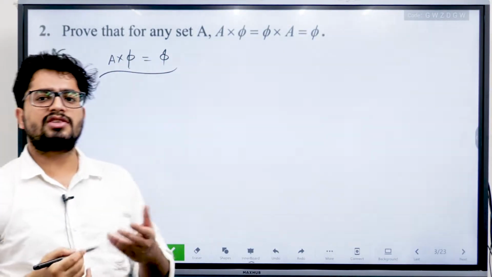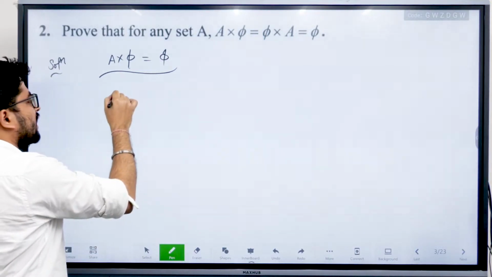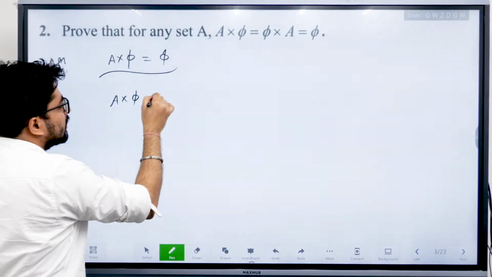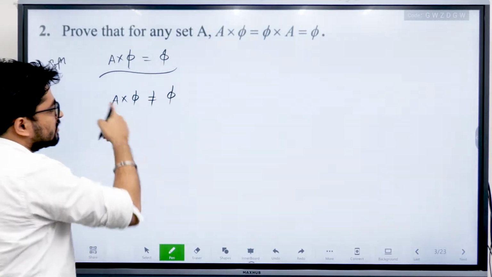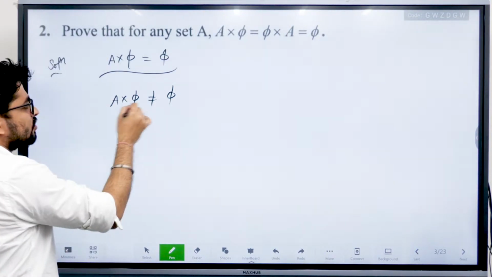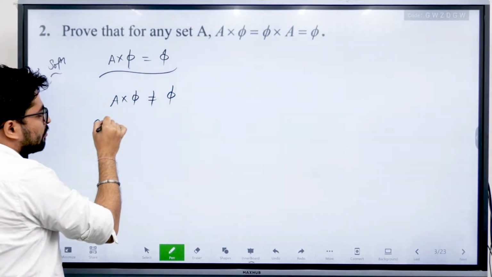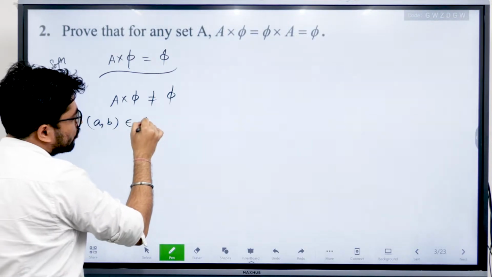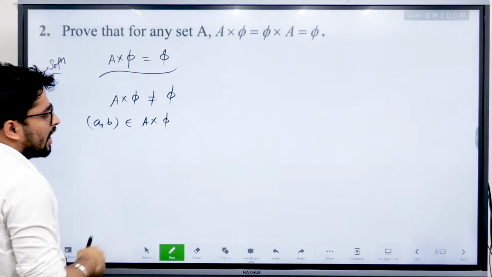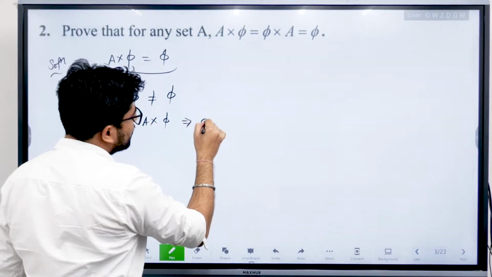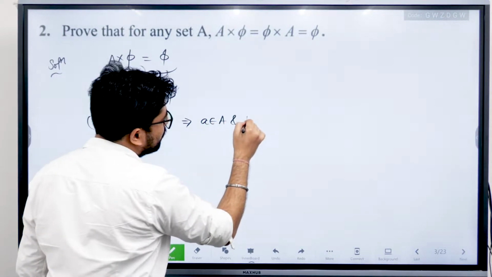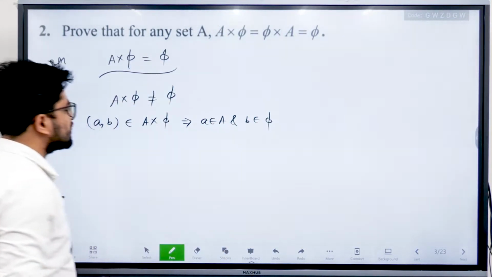So let us assume A cross phi is not an empty set. If this is not an empty set, it means we have some (a, b) belonging to A cross phi. It means a belongs to A and b belongs to the empty set.